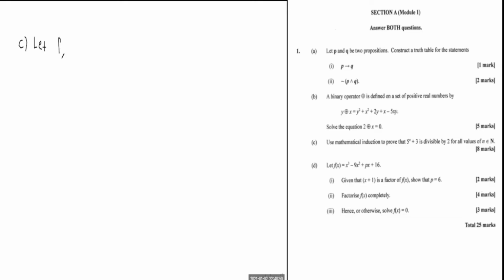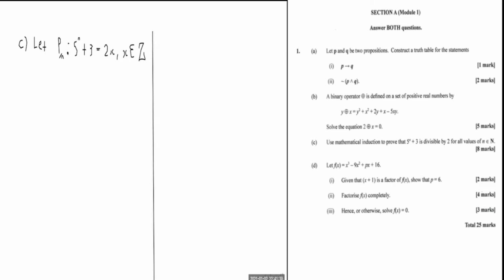So I'm going to let Pn be the statement 5 to the n plus 3 is divisible by 2. So I'm going to write that 5 to the n plus 3 is equal to 2x, where x is an integer. x has to be an integer because it is divisibility. All right, so let's knock out this question real quick and fast.